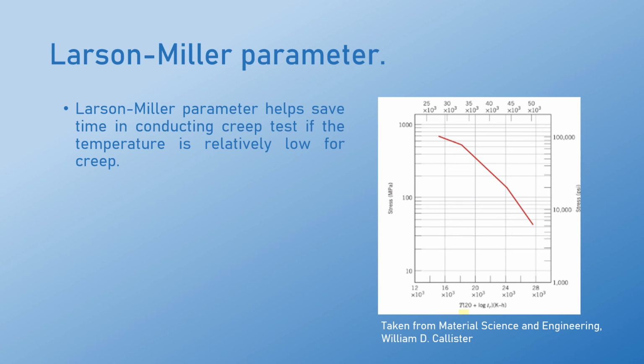We can actually change the variable so that the metal specimen will fracture at a much quicker time, and then from the data we have obtained we can come up with the Larson-Miller parameter, and extrapolate the data so that we obtain the data for exactly the same material with the same dimension, and we can know the actual rupture time, as if the metal had experienced a significantly lower stress or temperature in creep phenomena.